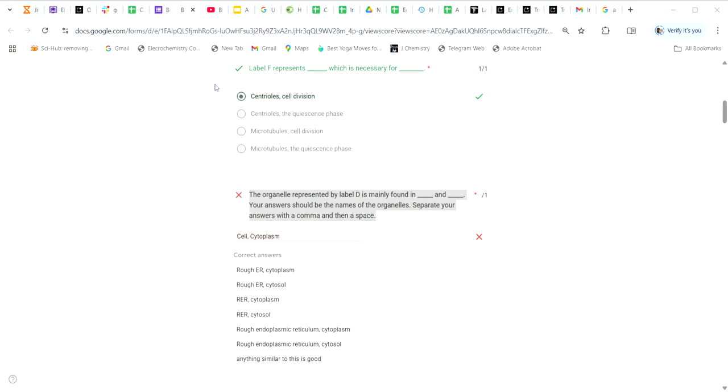So actually the question is, the organelle represented by label D mainly, organelles. I think we can search what RER is in organelles.